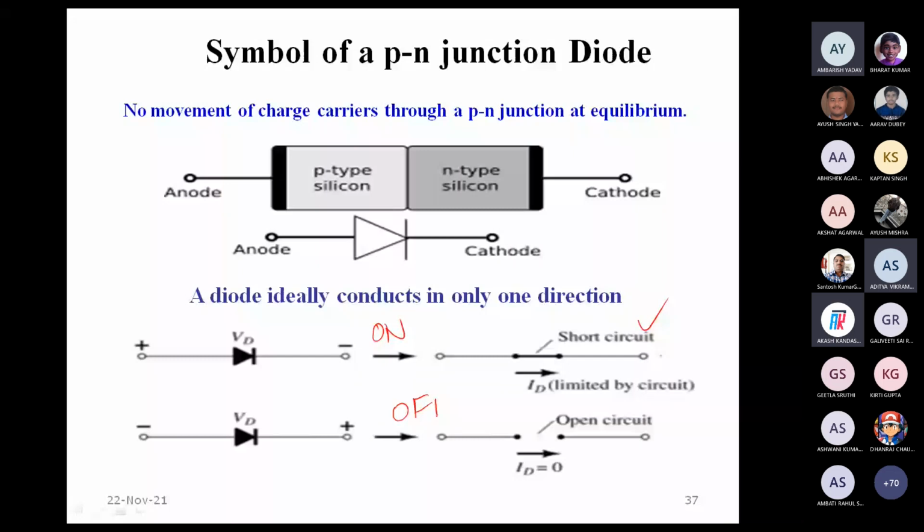These are also called forward bias and reverse bias. Ideally, in forward bias it acts like a short circuit, whereas in reverse bias it acts as an open circuit, not allowing any current to flow through it.